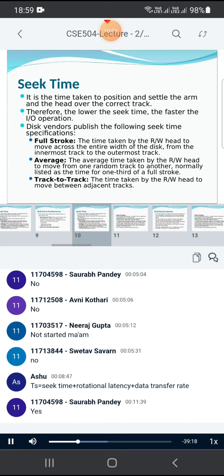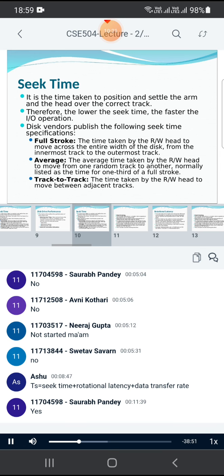As I've told you, seek time is the time taken to move the head from outwards to inwards, inwards to outwards, and for finding a particular track. All these three specifications are related to the head movement only. Full stroke is the time taken by the head to move across the entire width of the disc.